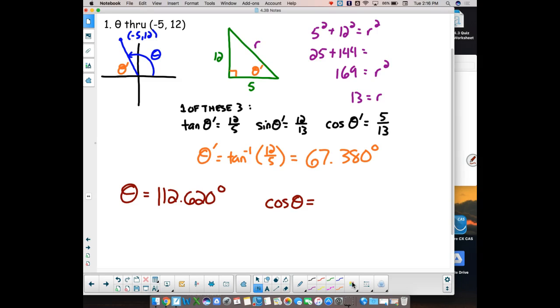Are they both centered at the origin? Yes, so that part's taken care of. What's the radius of my circle? 13. What's the radius of the unit circle? How can I make 13 become 1?